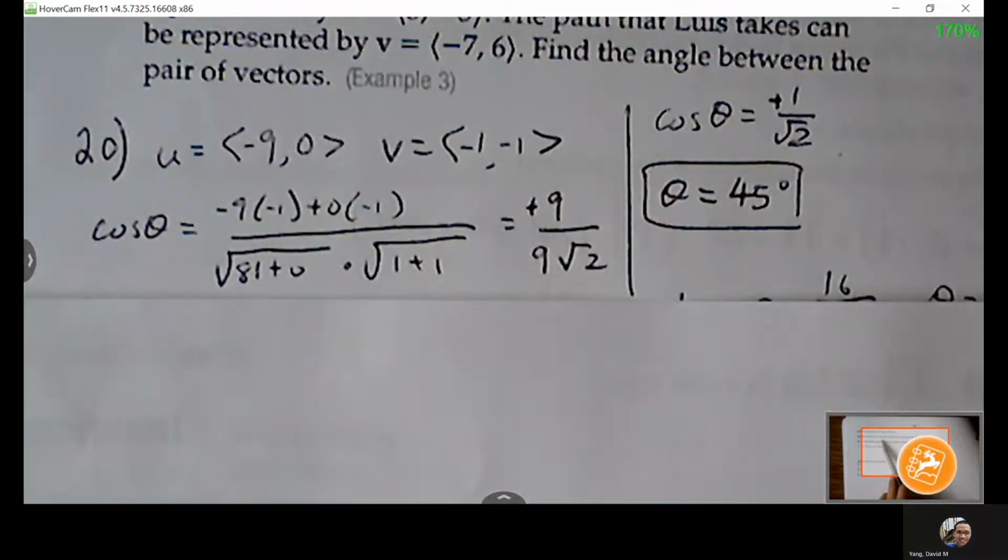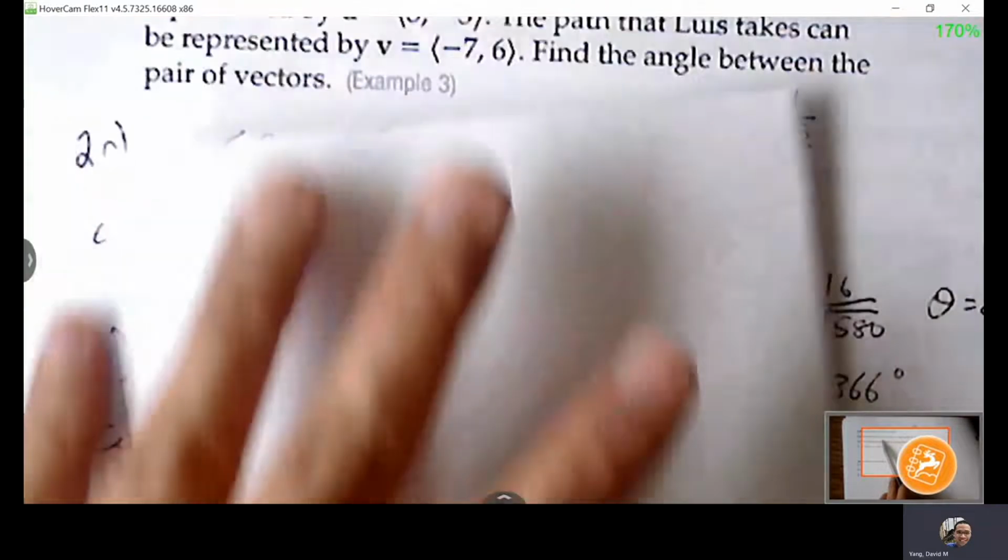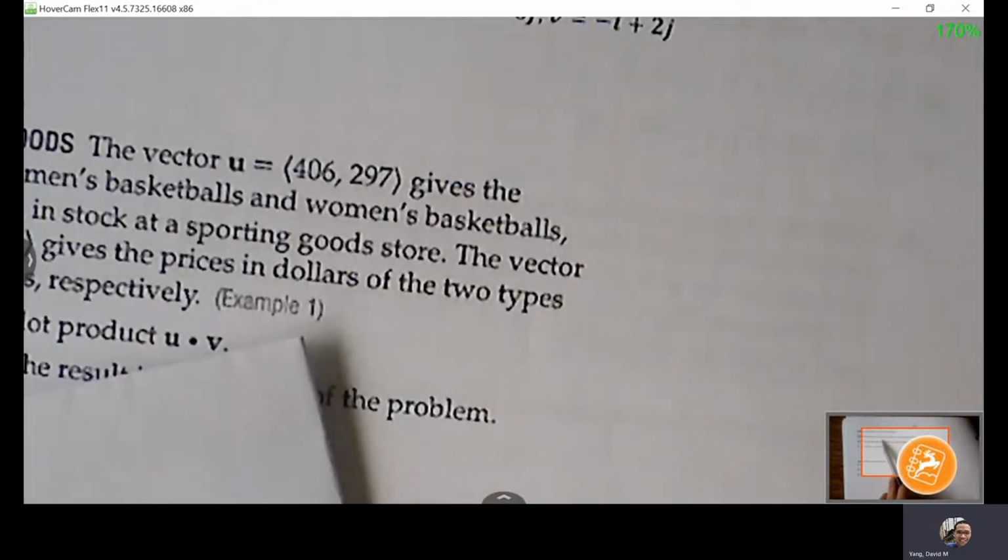I do want to walk around and make sure you're comfortable with these types of problems, because it is a little on the heavy side, with a lot of things coming together. So let me see how you do with 21 to 24 as well.